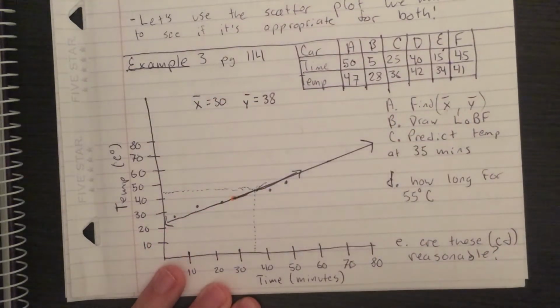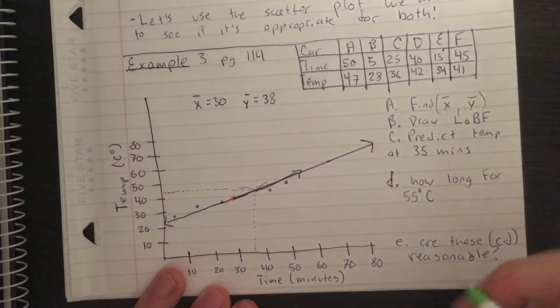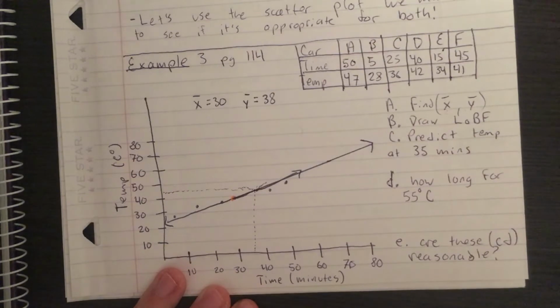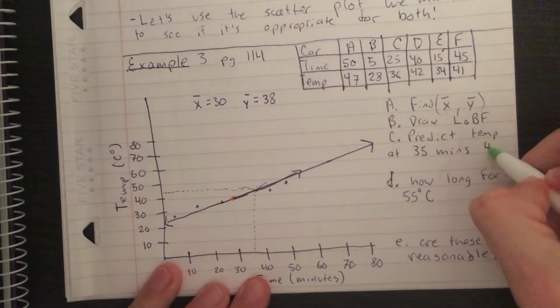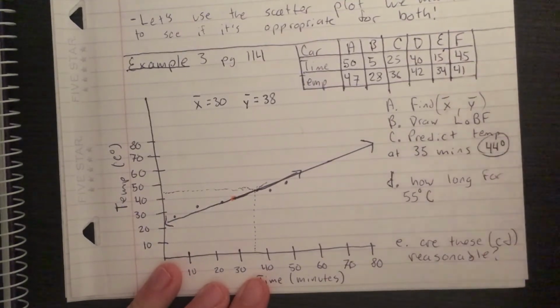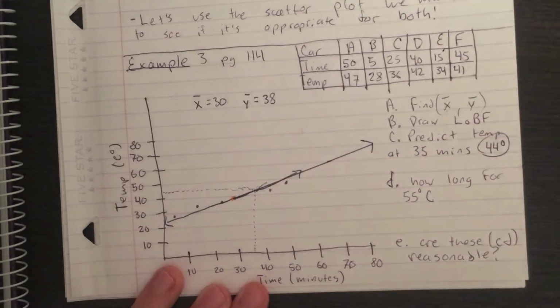So give or take, at 35 minutes, according to my line of best fit, we can call it like 44 degrees. And depending on how you decide to draw your line, it may or may not be as accurate, because again, we're graphing these. We can't expect them to be absolutely perfect, and that's okay.